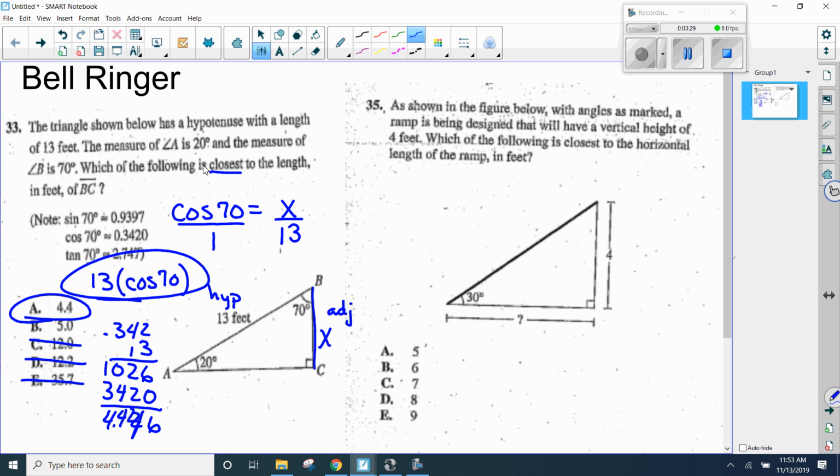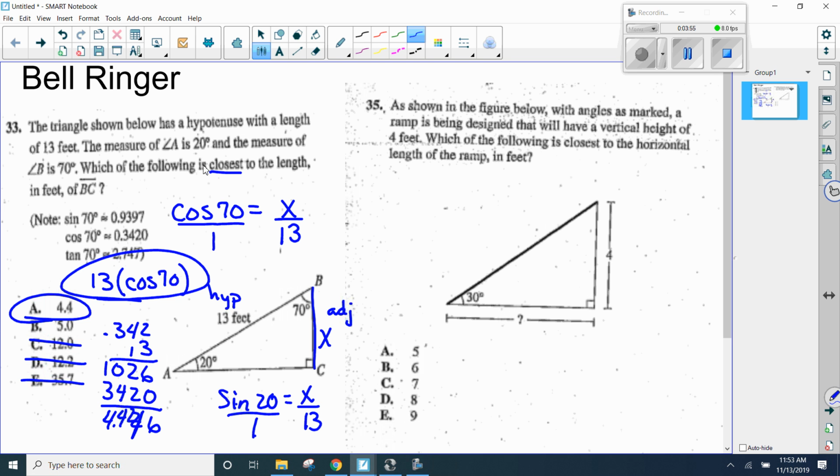Yeah. What else could you do? If they didn't give you this, you would need your calculator. You could use the sine of 20 degrees is equal to X over 13, right? How would you type that in? 13 times the sine of 20.